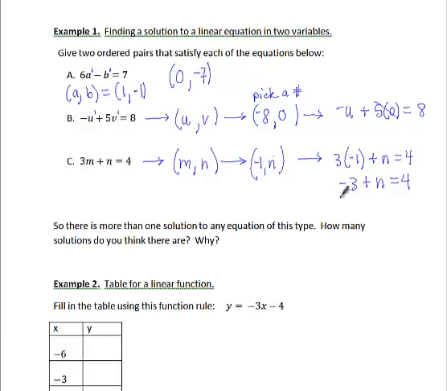Solve for n. We add 3 to both sides, and we get n equals 7. Different ordered pair, different solution. So here's the second one, -1, 7.